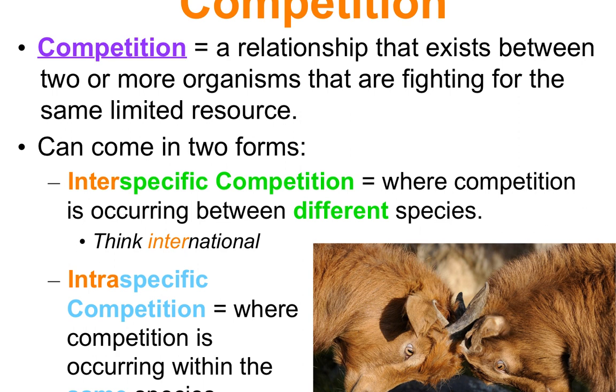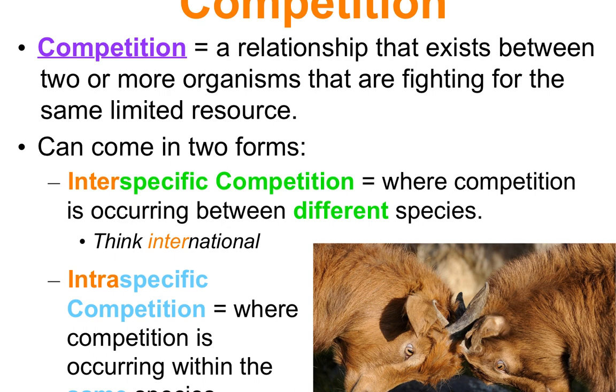Think international, where we're different countries. That's interspecific competition. Intraspecific competition is competing within the exact same species. Like my goats right here, they're the same species. We can assume that competition is over a limited resource, being the female, and they are competing.